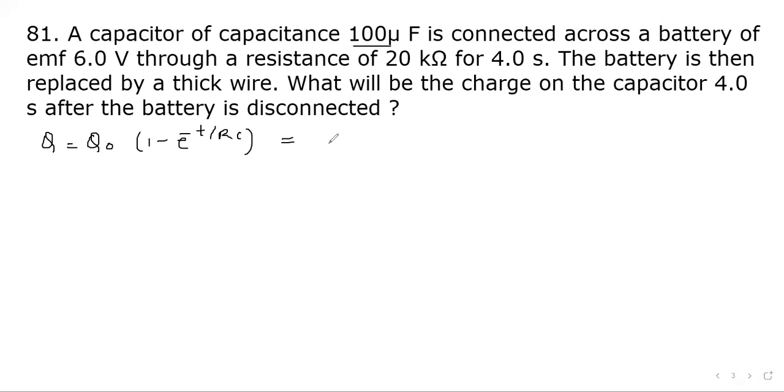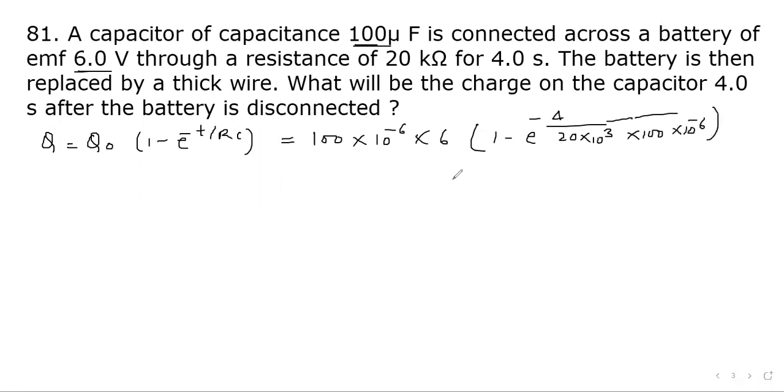So we put the values. Q0 means CV0. So here C is 100 into 10 to the power minus 6, and V0 is the voltage applied by the battery, that is 6 volt, times 1 minus e to the power minus 4 divided by RC. So resistance is 20 into 10 to the power 3 and capacitance is 100 into 10 to the power minus 6.